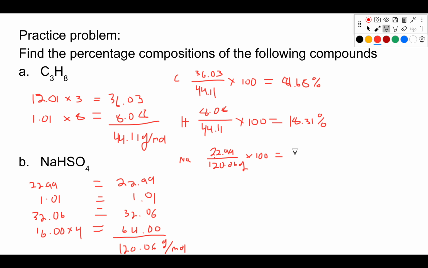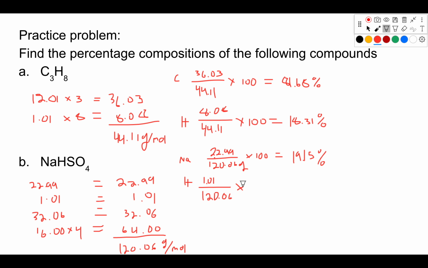Comes out to 19.15-ish%. And then we can do the same thing for hydrogen. This one, as I'm sure you've already guessed, is going to be a very small percentage because there's one hydrogen atom, which has a mass of approximately 1 U. So this isn't going to make up a large portion of our mass here.